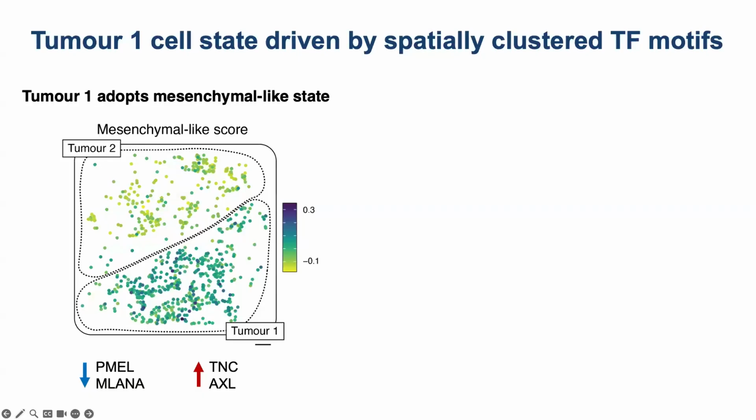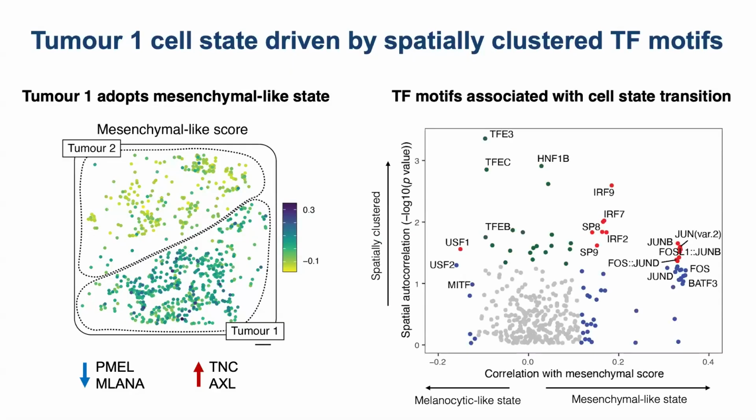If you score it, here's tumor 1, which is depleted from that particular T cell state. It has adopted this mesenchymal-like phenotype, and there are particular TF motifs associated with that cell state transition.